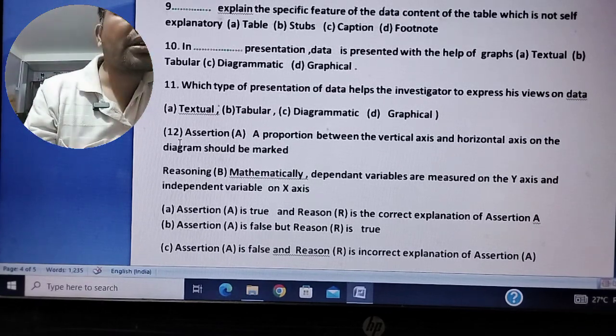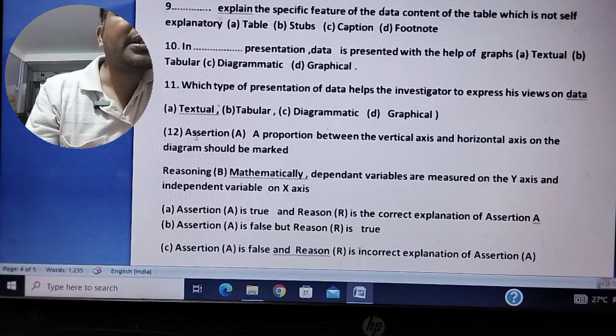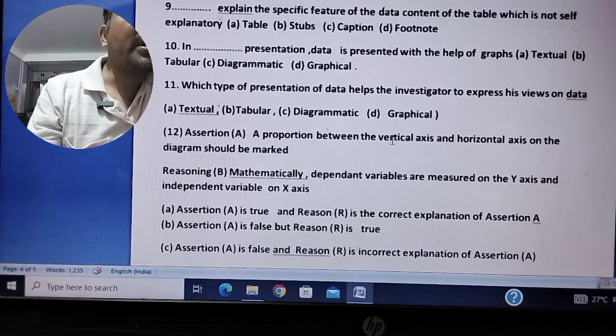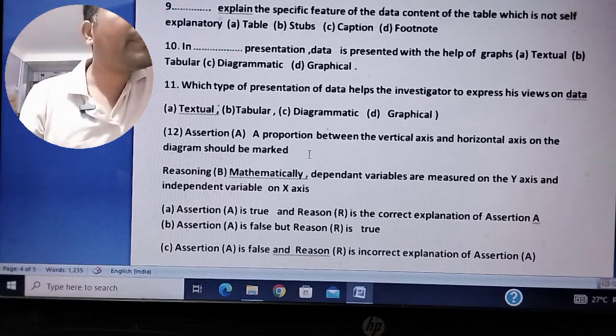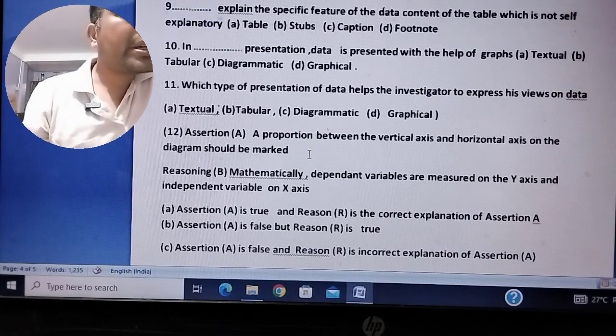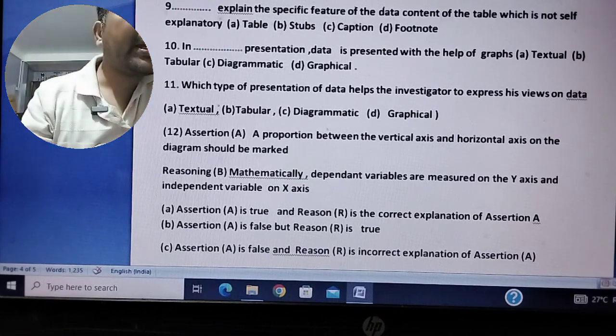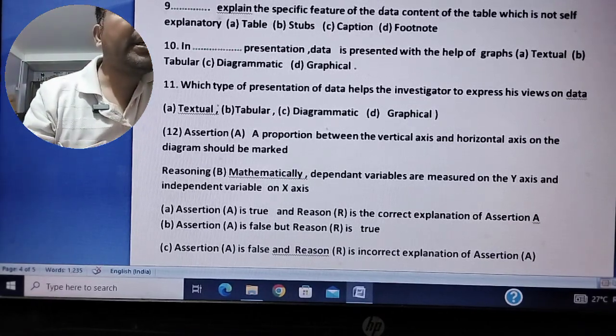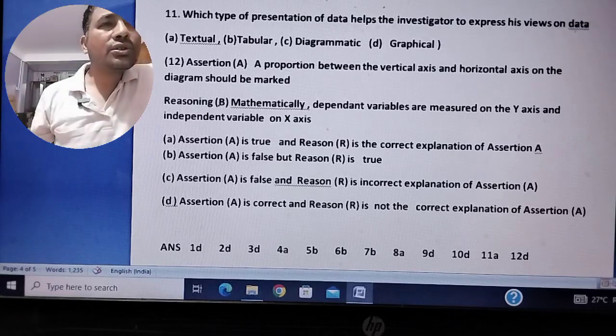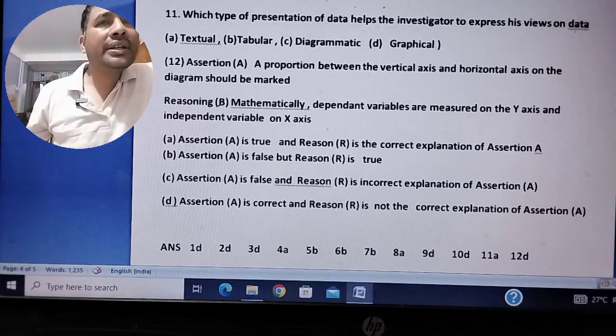And the last question, but not the least, is very important: 12, assertion A. A proportion between vertical axis and horizontal axis of the diagram should be marked. Definitely, while drawing a graph, vertical axis and horizontal axis should be proportionate. Okay, and reasoning R: mathematically, dependent variables are measured on the y-axis and independent variables on the x-axis.